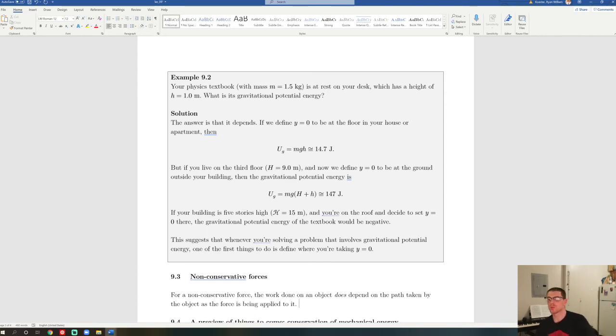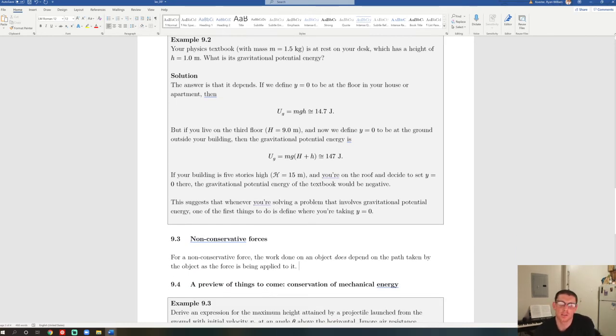I don't remember if I used the word path in my discussion of conservative forces, but remember that we did certainly say that the work done in that case only depends on the initial and final position of the object. And so another way of saying that is that there is a path independence to the work done on an object by a conservative force, right? And so that's why I'm phrasing this way, because for a non-conservative force, it's the opposite.